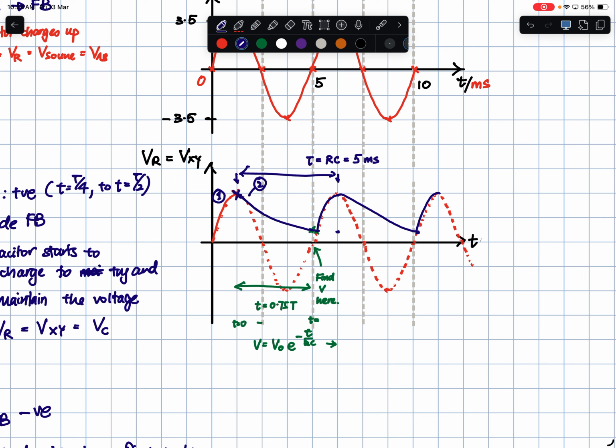Control the RC value. Okay? If R is unchanged, because it's an appliance and you cannot change the R inside, then what you will do is change your C value. If you increase your RC value, you will get something maybe like this.